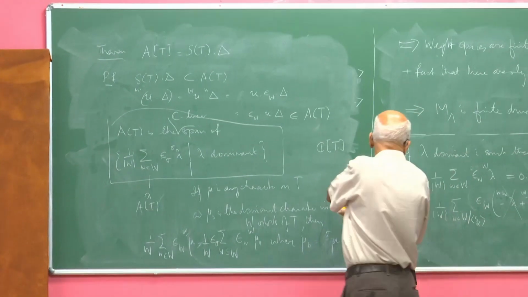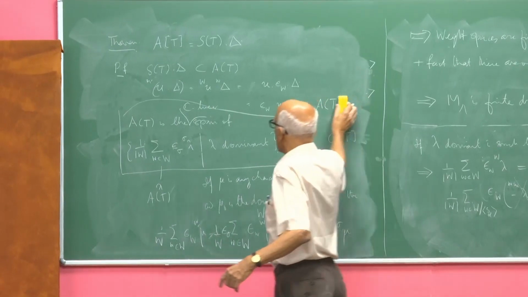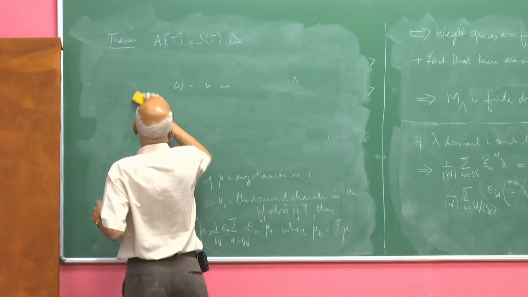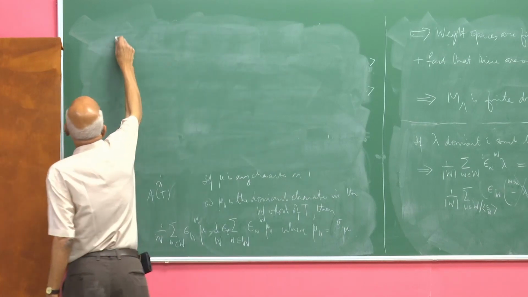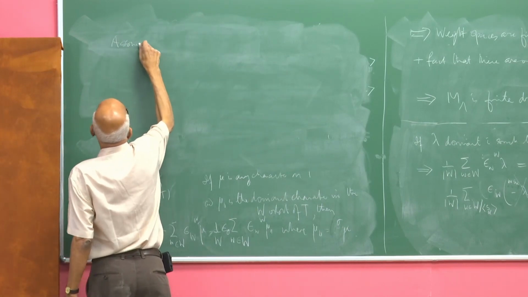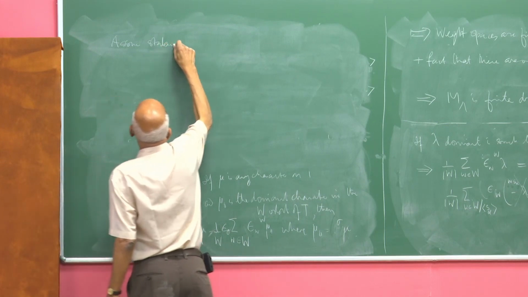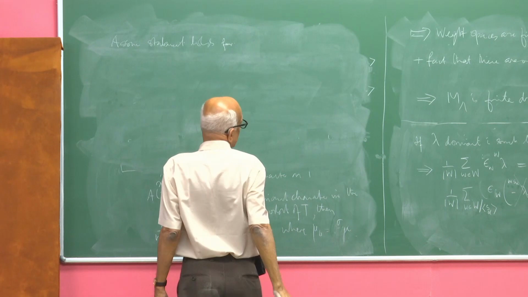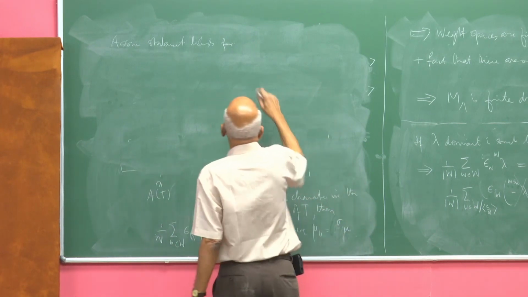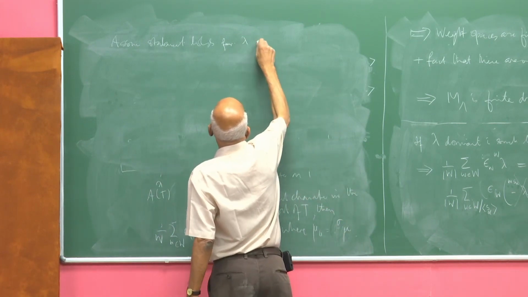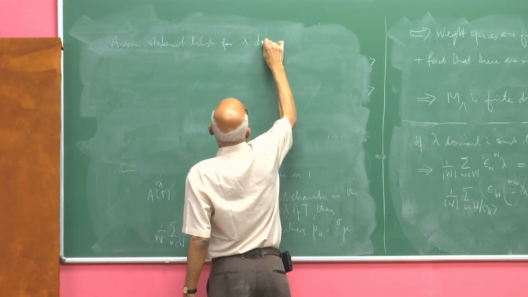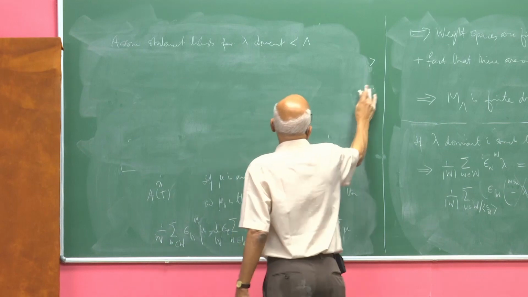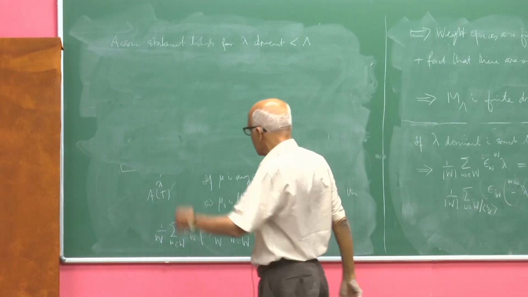Now suppose we have proved the statement for all dominant mu less than lambda. Then I want to prove the same thing is true for lambda.